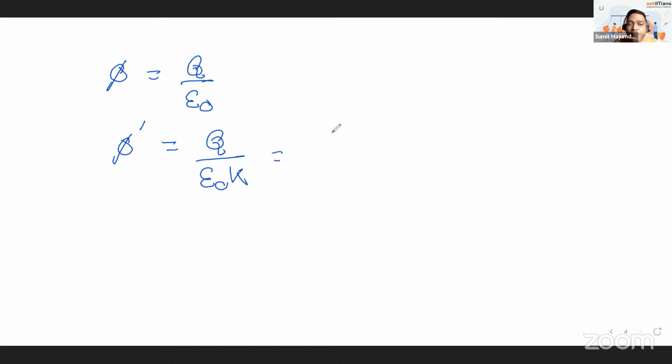Effectively, this is phi over K. Since the dielectric constant is 5, we get phi divided by 5. So the new flux becomes less. The net electric flux coming out of this conductor decreases by a factor of 5. Okay, so this is about this question.